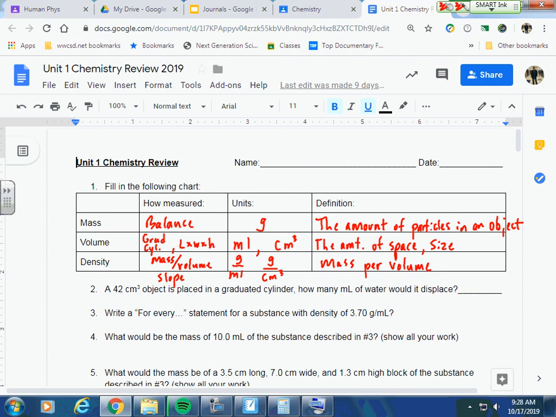All right. On number 2, we have to demonstrate a couple things. One, we got to demonstrate that we understand that 1 cubic centimeter is equal to how many milliliters? 1, right.